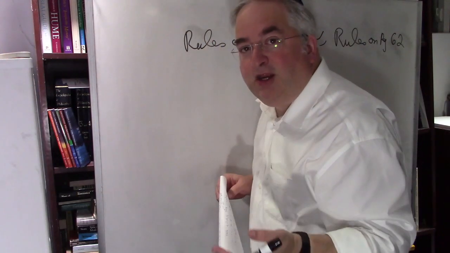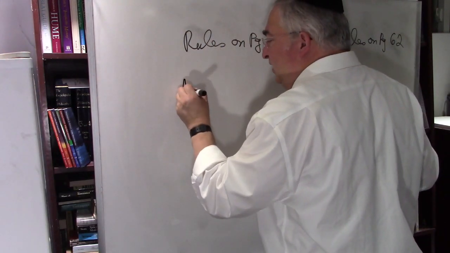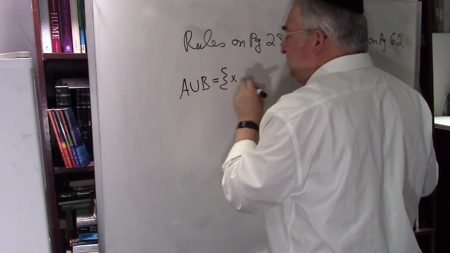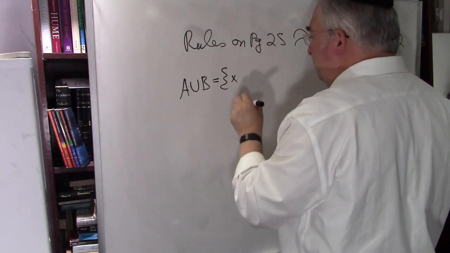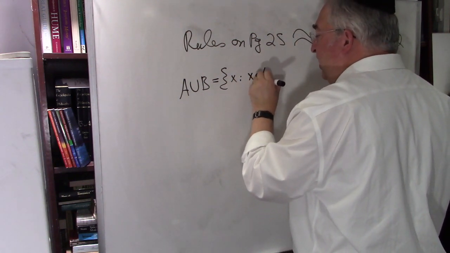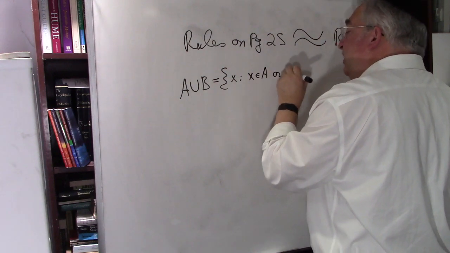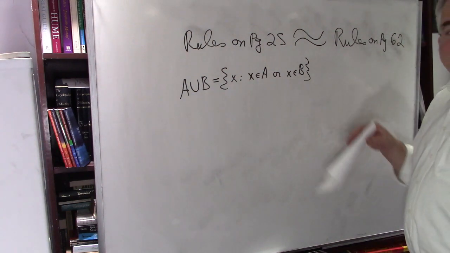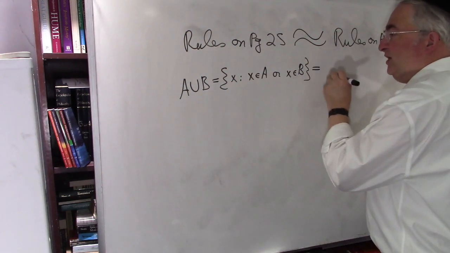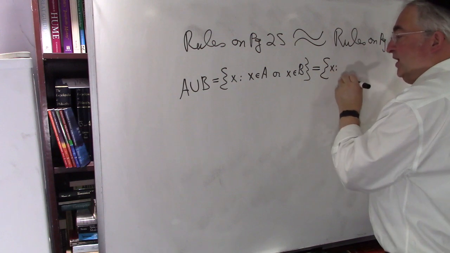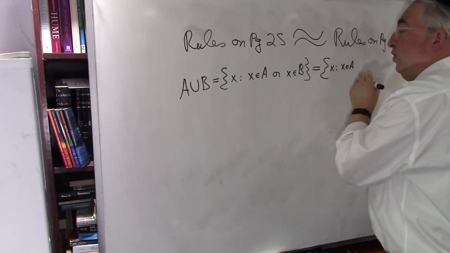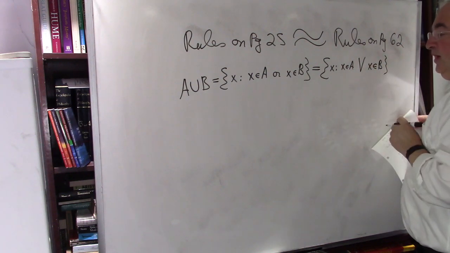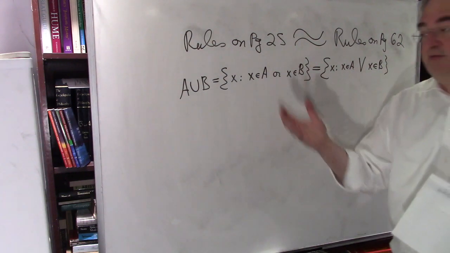How did we define union? Well, A is a subset, B is a subset. We take the union of them. That's those X such that X is in A or X is in B. That's the definition. We could also say it as follows: X such that X is in A or X is in B. So this is the union of those things.